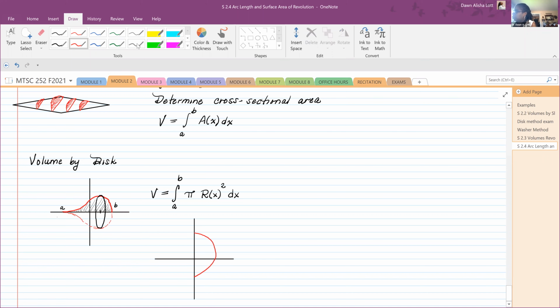Here's my region. It gets revolved around the y-axis.